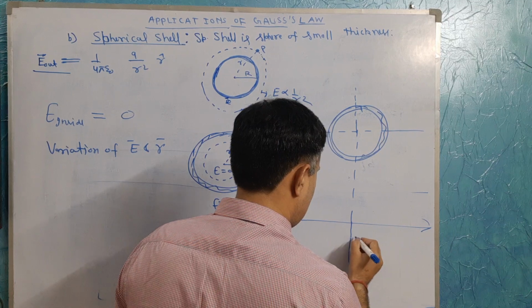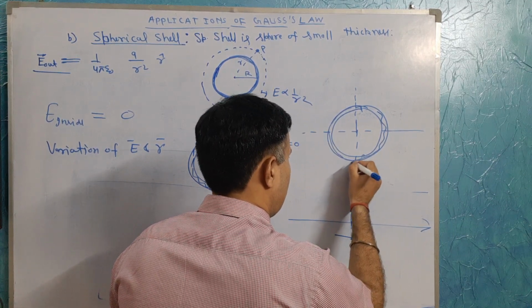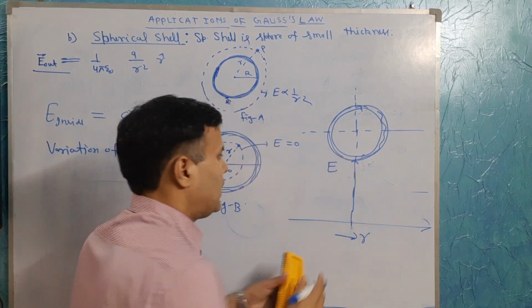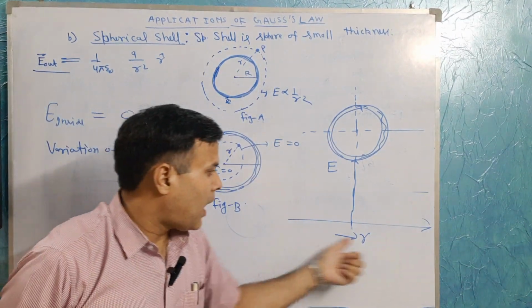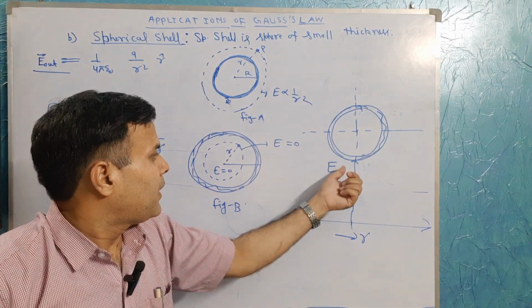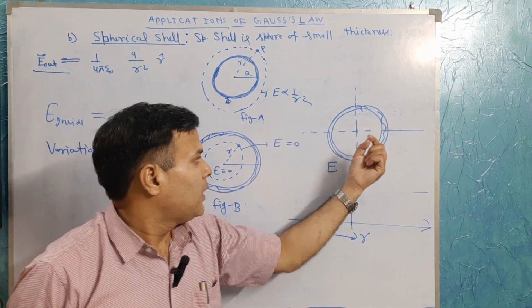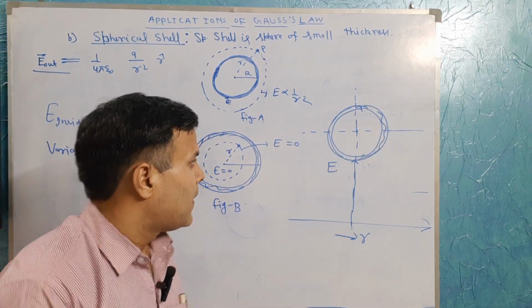Let me take E along the y axis and R along the x axis. What is the profile of variation of electric field due to this uniformly charged spherical cell of small thickness?